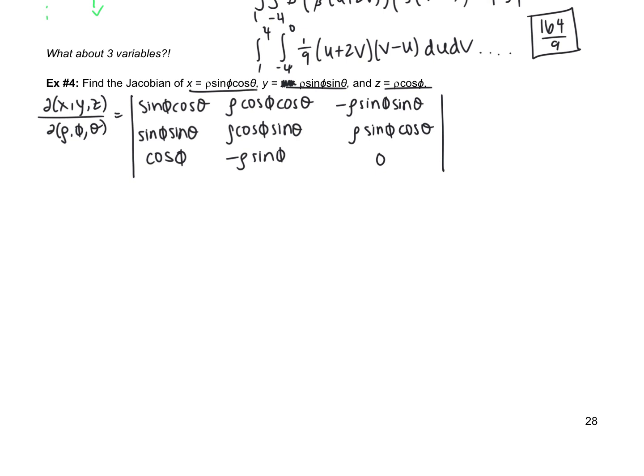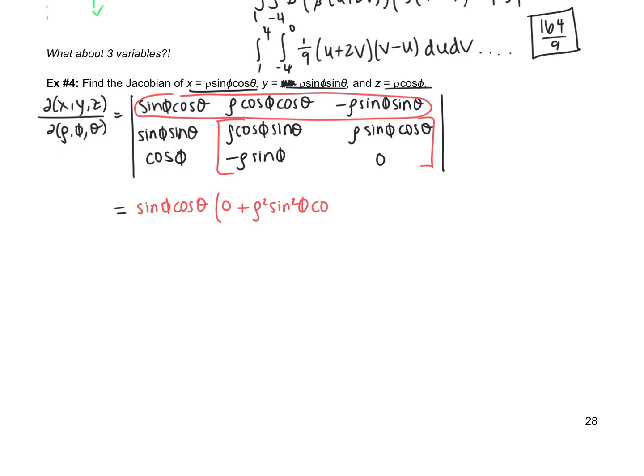Okay, now let's see how good our determinant skills are. So what I'm going to do is I'm going to take this row. So the first element I have is sine of phi cosine of theta, and then I'm going to multiply by the determinant of this matrix, which is 0 add rho squared sine squared phi cosine of theta.